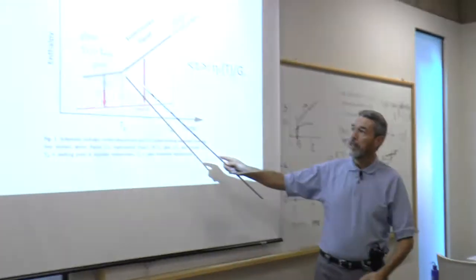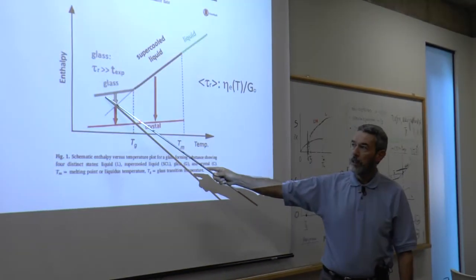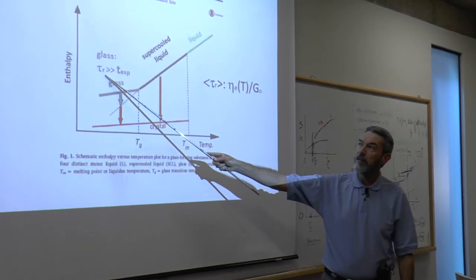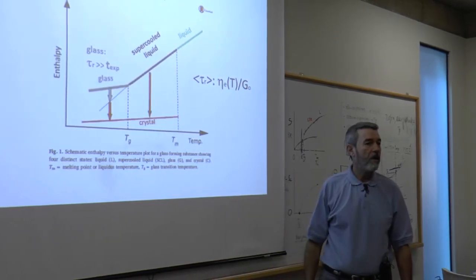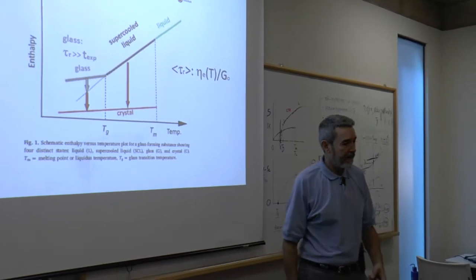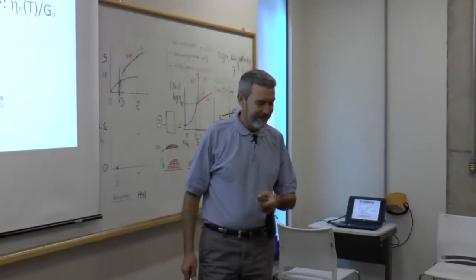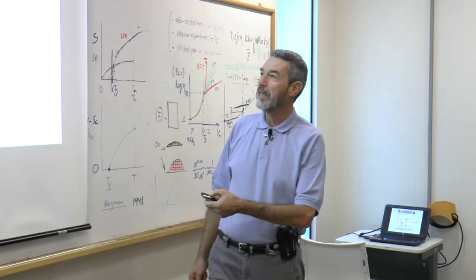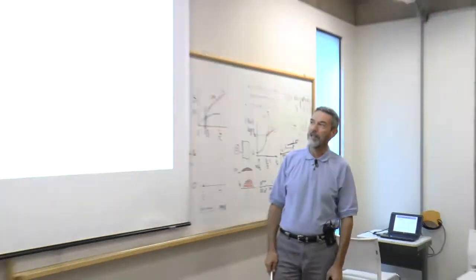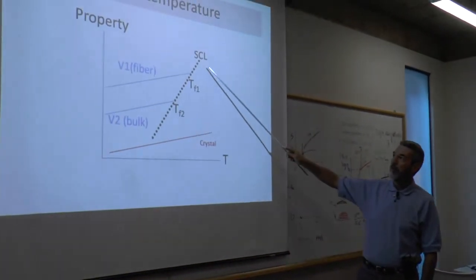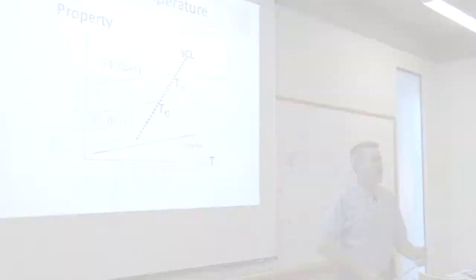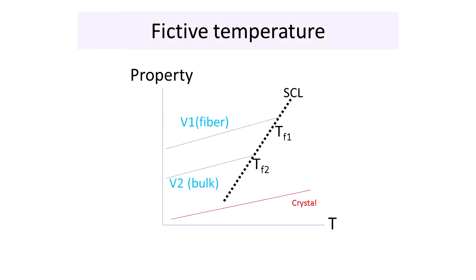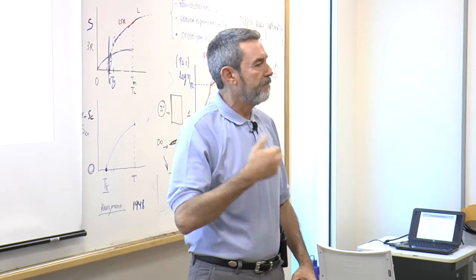Glass, of course, is a state of matter for which the intrinsic relaxation time, the structural relaxation time, is much larger than the time of the experiment. And the easier way to understand this process is to look at the plot here. Now, if we have a supercooled liquid and we cool it very fast, like pulling a fiber, if we want to make a very thin fiber, we will lose heat to the ambient very fast.